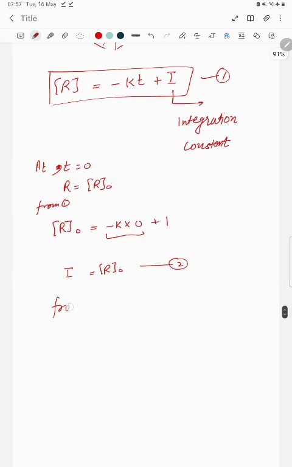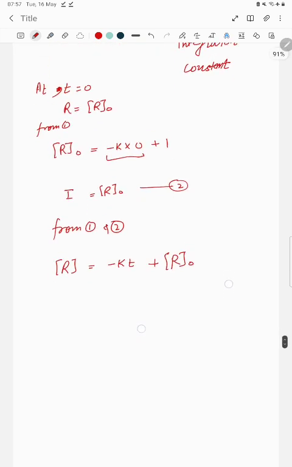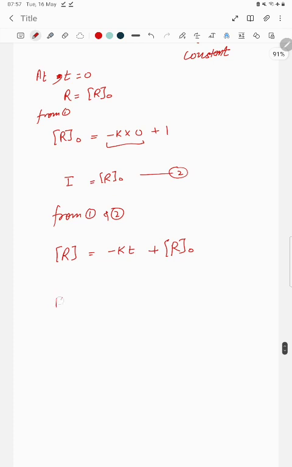Now from 1 and 2, R is equal to minus kt plus, in place of I, R naught. Take kt to this side.